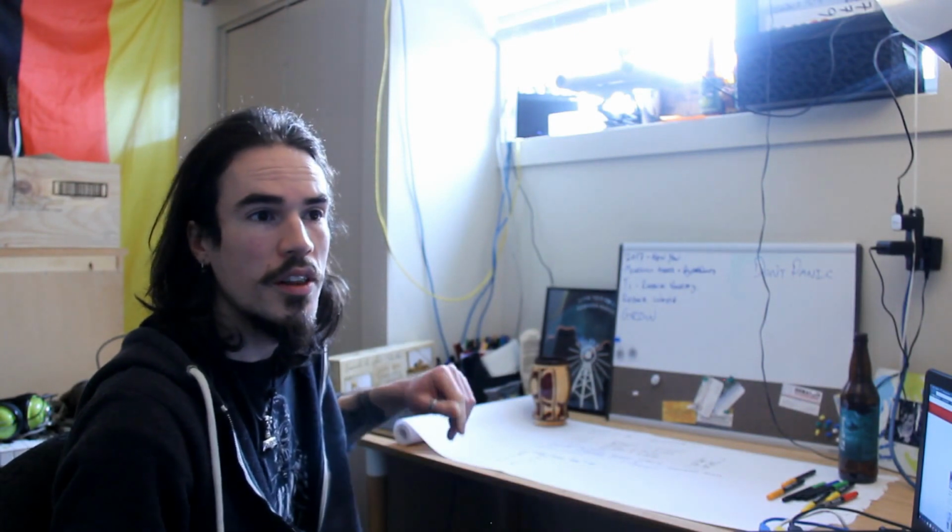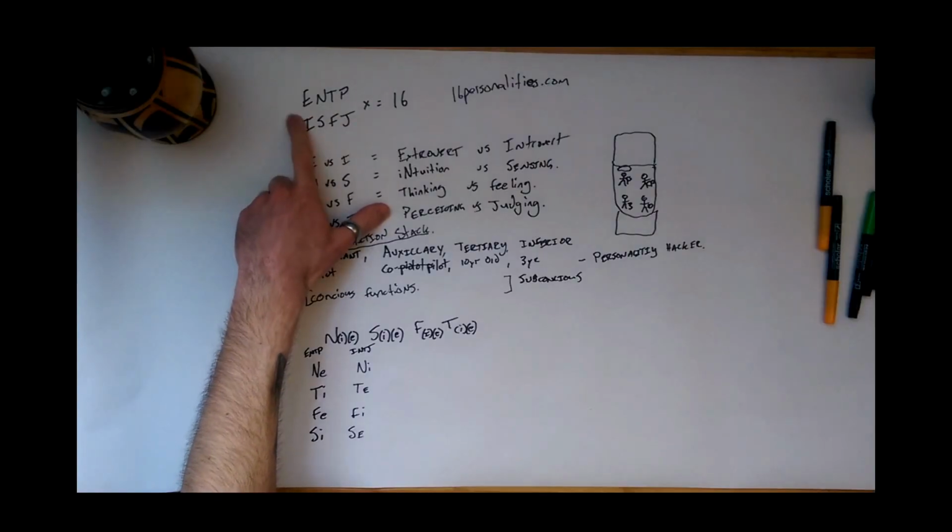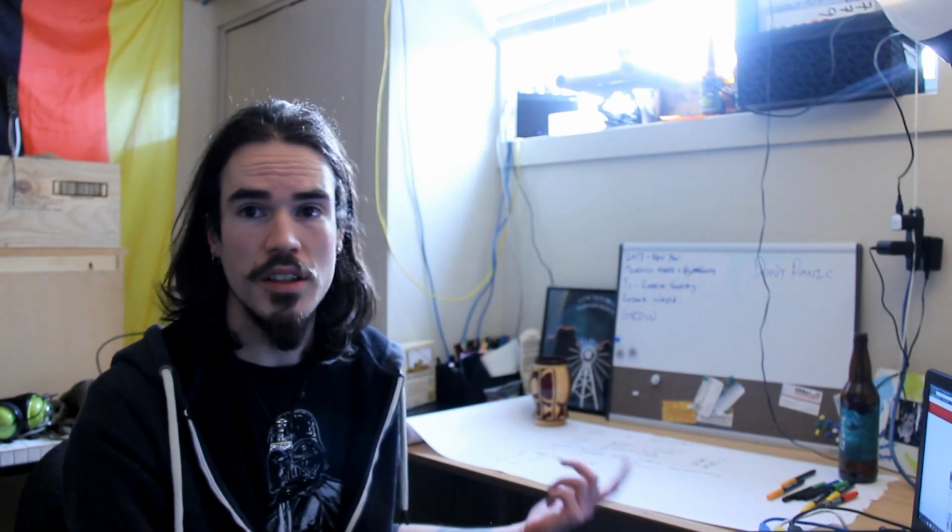The analyst types, we'll get into them in a little bit, but they're the NT types, so your middle two letters are NT, so that includes ENTP, INTP, INTJ, and ENTJ. And depending on how each of these stacks sit with each other also depends on how they behave. So that's how my whole personality theory is based: how the function stacks interact with each other to cause how you function as a personality.